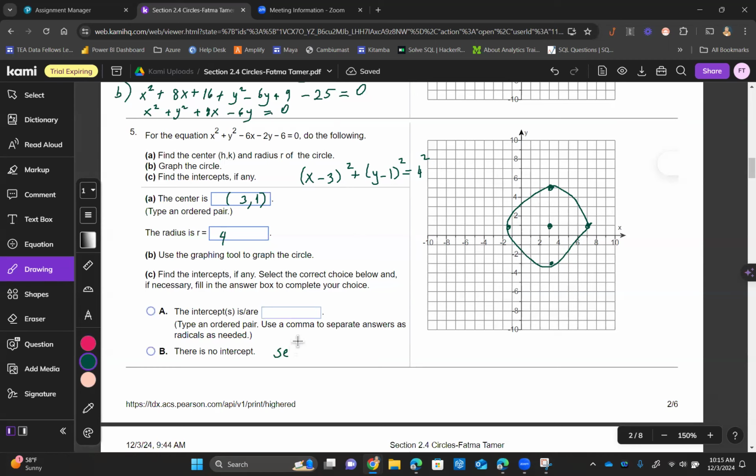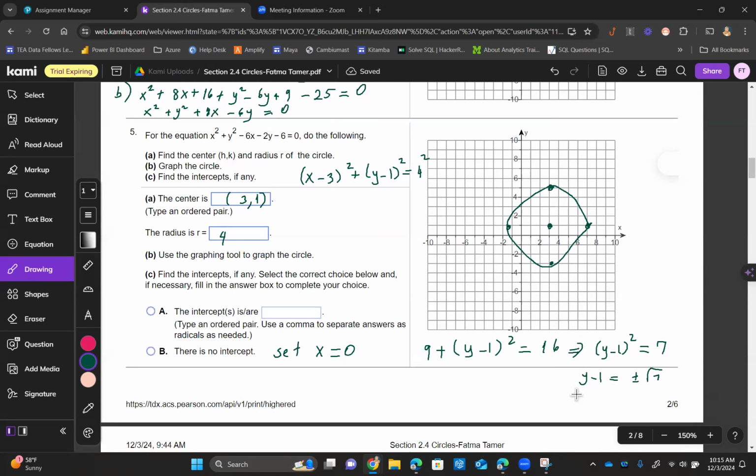If I set x to be 0, 0 minus 3 is -3, and -3 squared is 9, plus y minus 1 squared is equal to 16. And then I can organize this. Y minus 1 squared is equal to 16 minus 9, which is just 7. So y minus 1 will be plus and minus square root of 7.